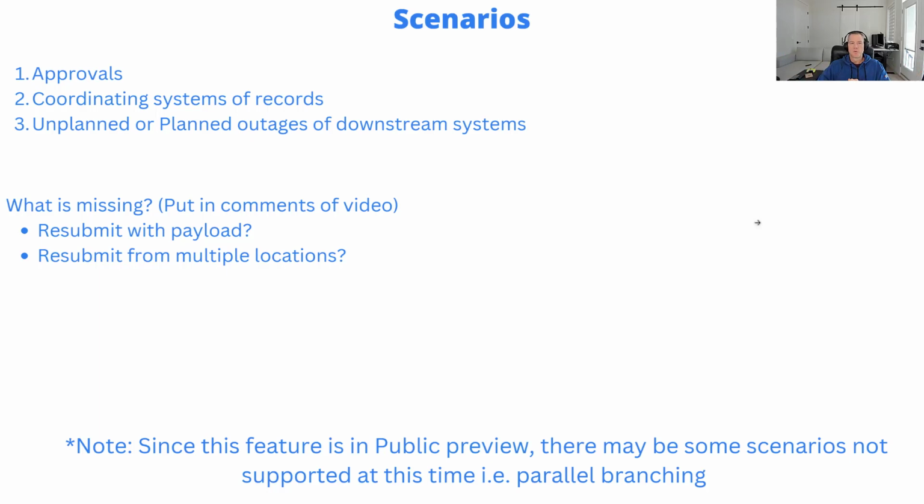Another scenario is coordinating systems of record. An example I've seen in the past is you've got a work order management system, say IBM Maximo, and then you need to retrieve some data from that system to then send to SAP. Now, you need the data to link up. Kind of think of it like a foreign key.